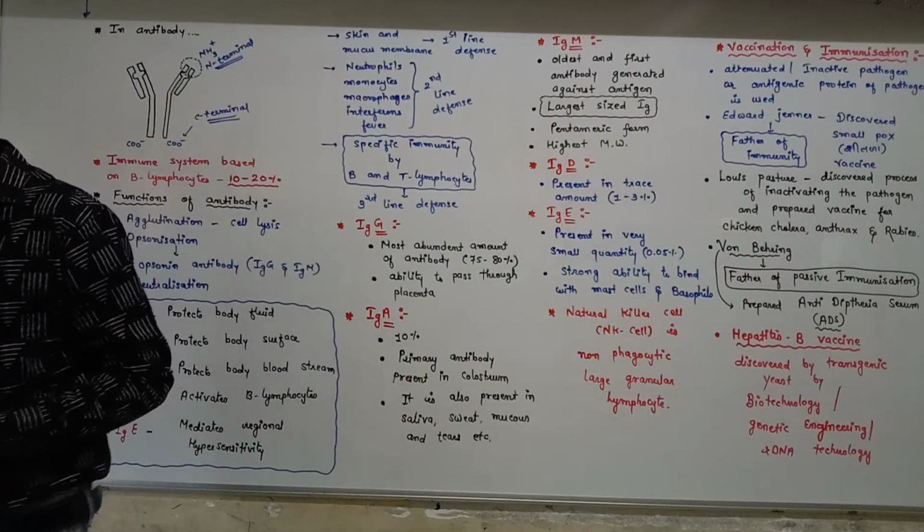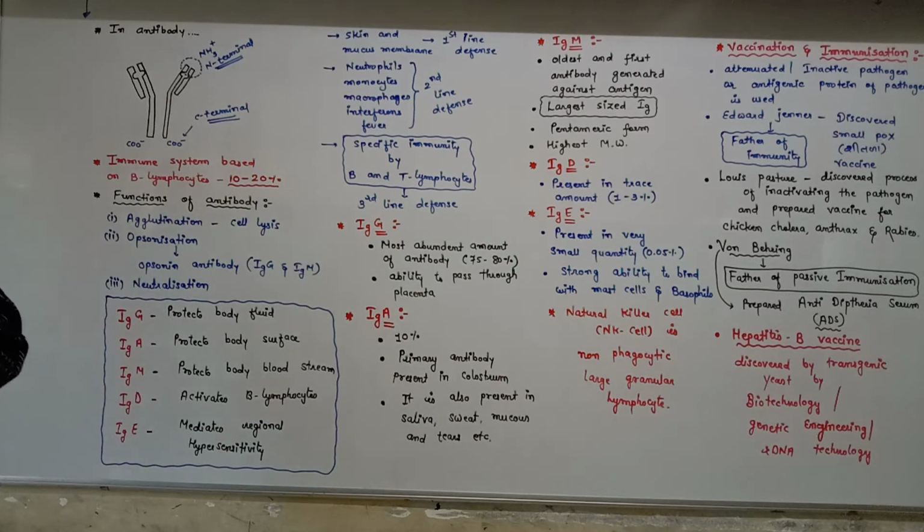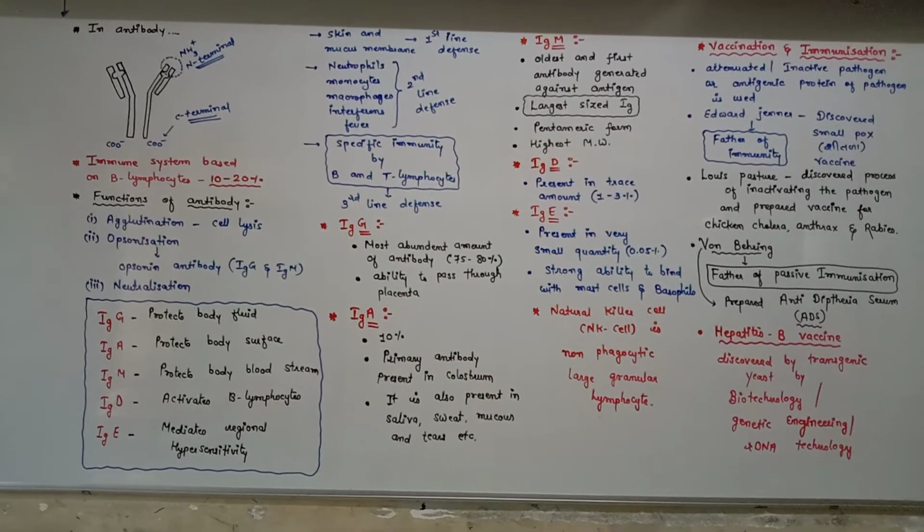Hepatitis B vaccine. Hepatitis B vaccine was discovered by experiment on the transgenic yeast, and here the transgenic yeast can be formed by the biotechnology or genetic engineering method, or we say recombinant DNA technology, in short form small r DNA technology.